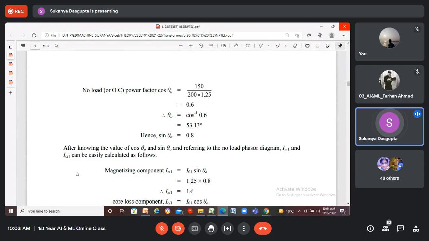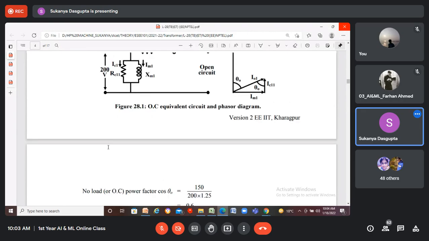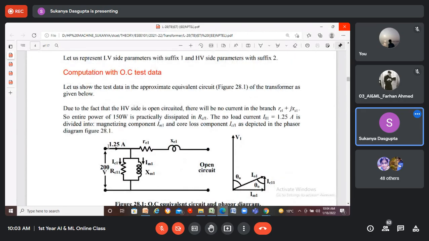How to calculate the no load power factor, cosine theta 0? Here the entire power, 150 watt, is dissipated in this resistor RCL1. That means this is the power measured by the wattmeter connected in series with this winding, the low voltage side.